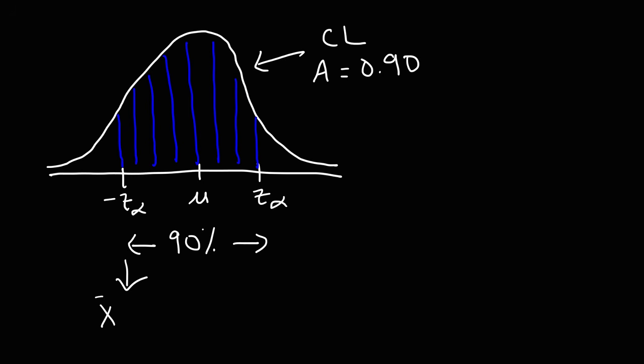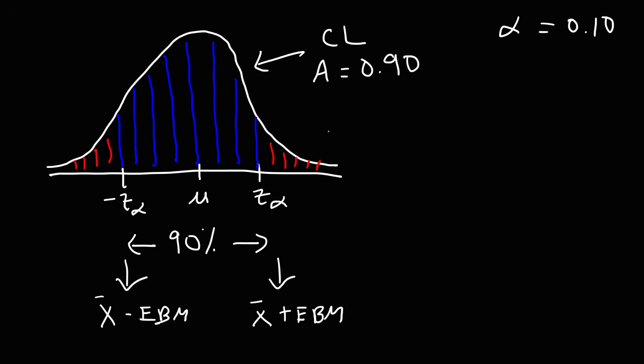Our minimum value will be x bar minus EBM, and our maximum value will be x bar plus EBM. Now outside of that, we have the area shaded in red. We said that alpha is 10%. So to the right, this is going to be alpha over 2, that's 5%. And to the left, that's also alpha divided by 2, also 5%. So alpha is the area under the curve outside of the confidence interval, whereas the confidence level is the area under the curve within the confidence interval.